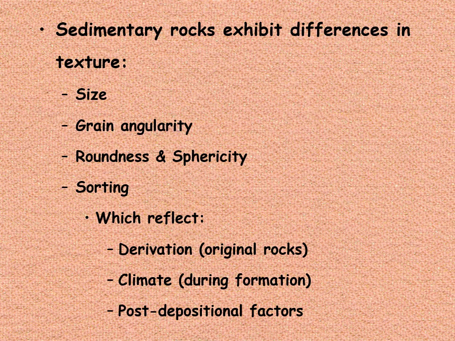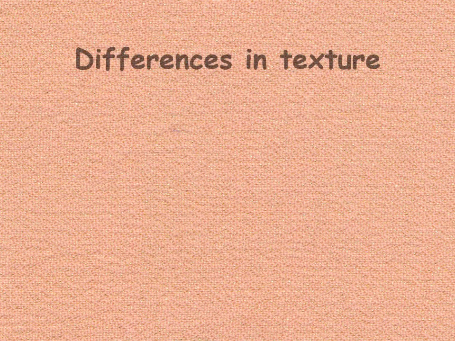So together, by studying all these textural properties, we can get an idea about the depositional condition, the depositional medium by which these grains are carried and deposited in a basin, as well as the climatic condition and nature of the source rock. So we'll start one by one.